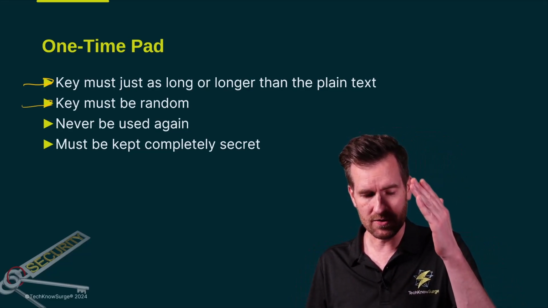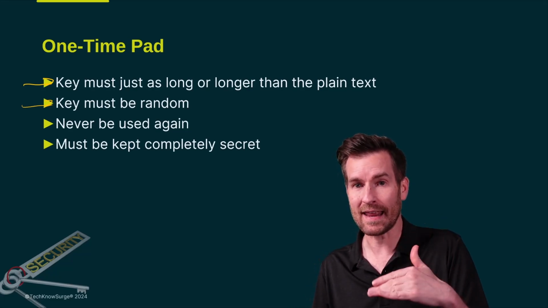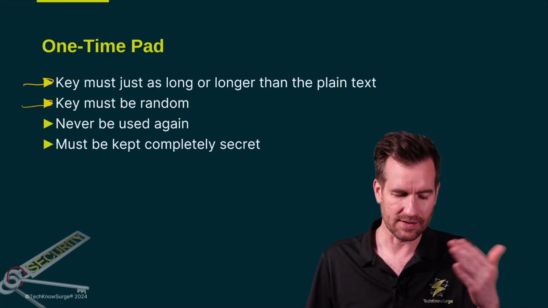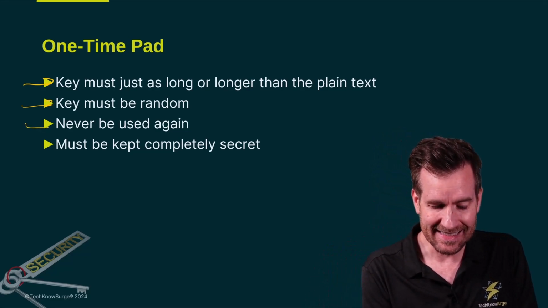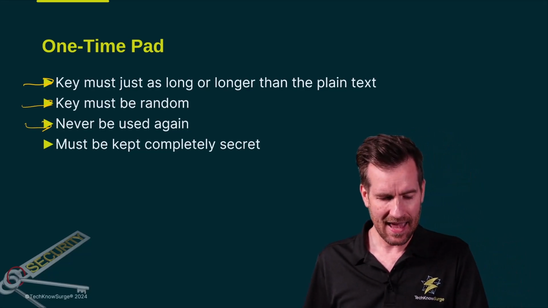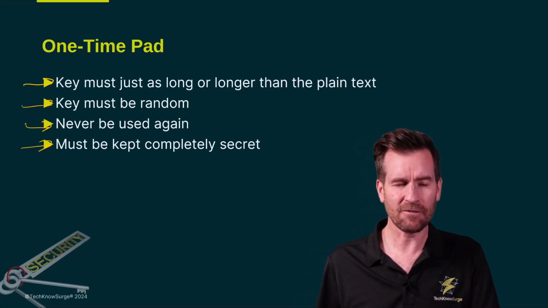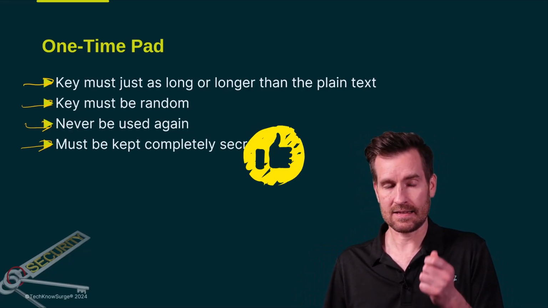And there's quite a few subtopics to this of what is completely random and making sure it's evenly distributed, and there's quite a bit that goes into even defining that. It must never be used again, and it must be kept completely secret. And then if these are followed, then theoretically you could create a key that is uncrackable.